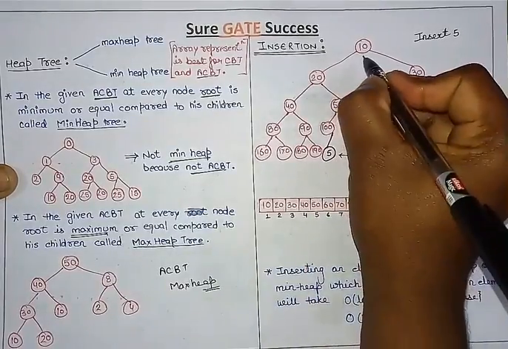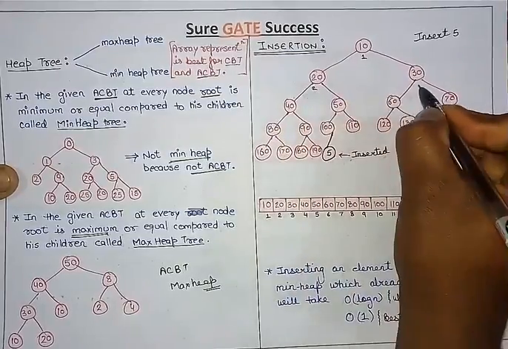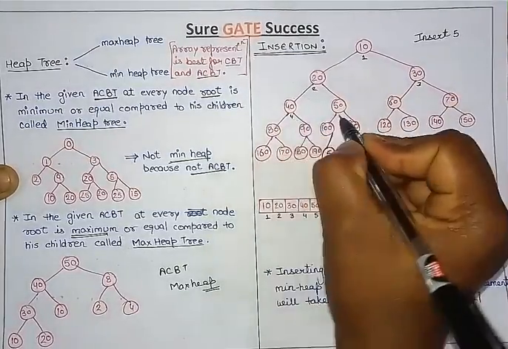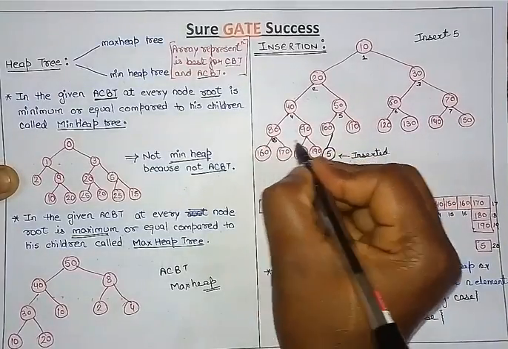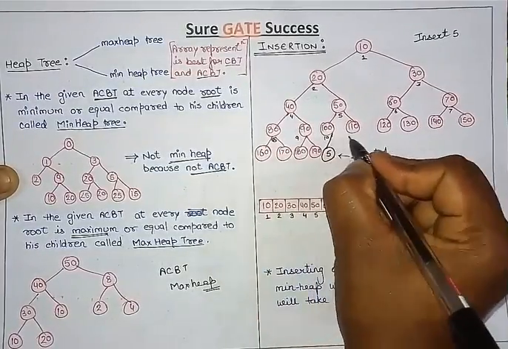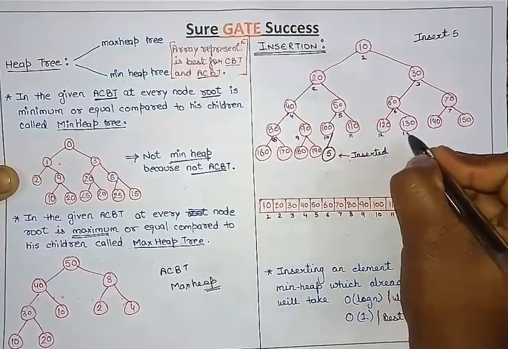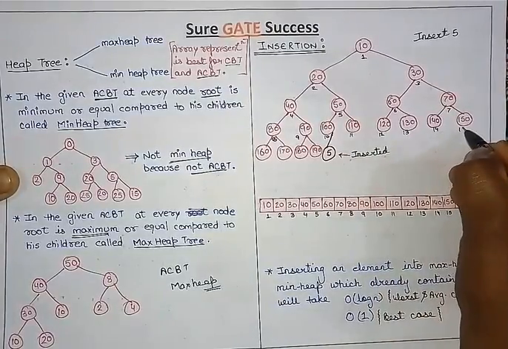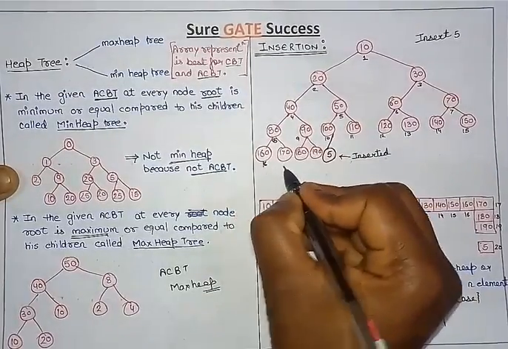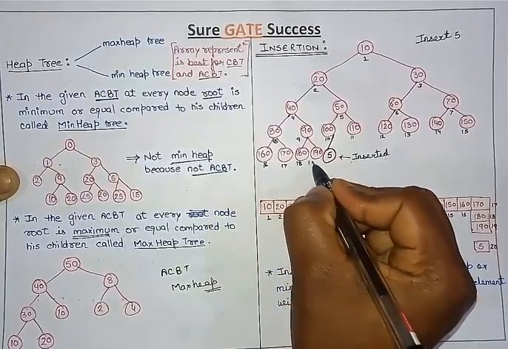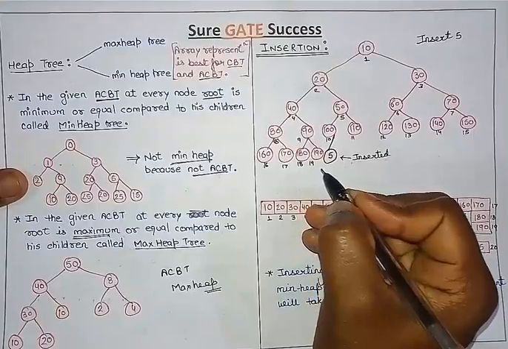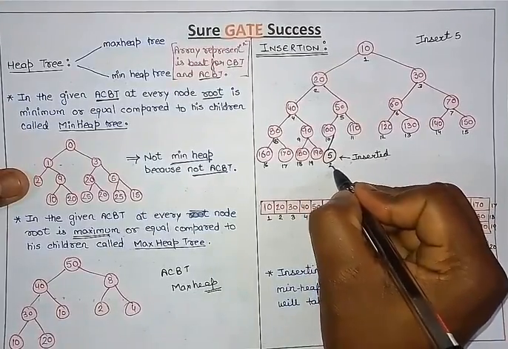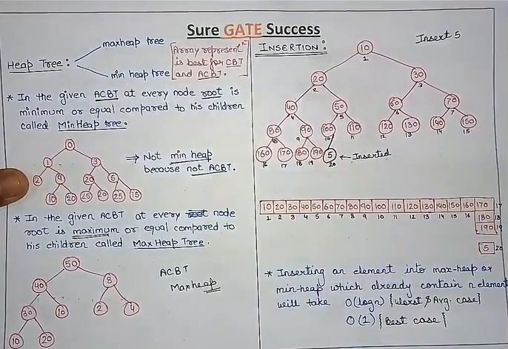Let's number it: 1, 2, 3, 4, 5, 6, 7, 8, 9, 10, 11, 12, 13, 14, 15, 16, 17, 18 and 19. So we have 19 nodes here and we have to insert 5, so 5 has to be inserted at the 20th position.